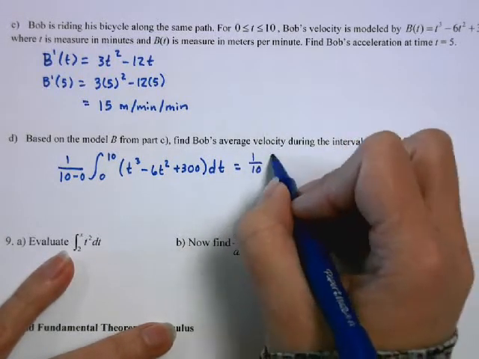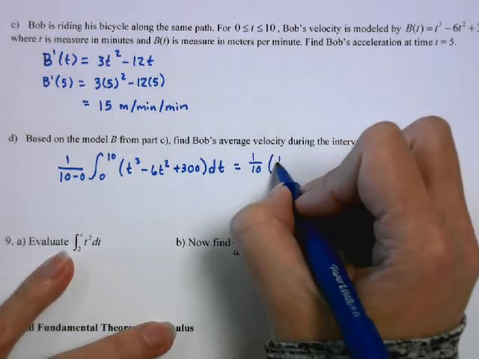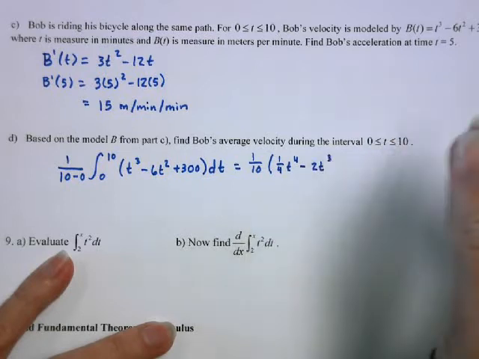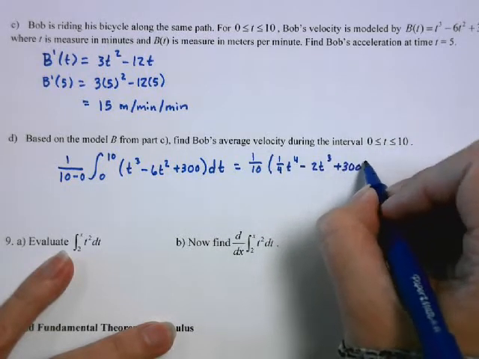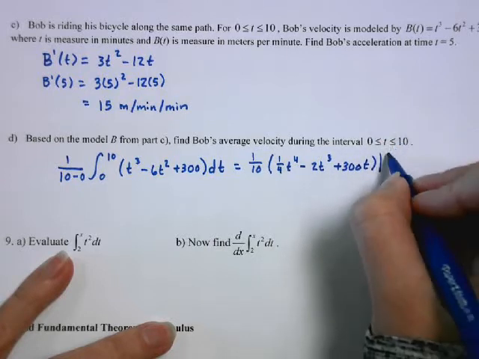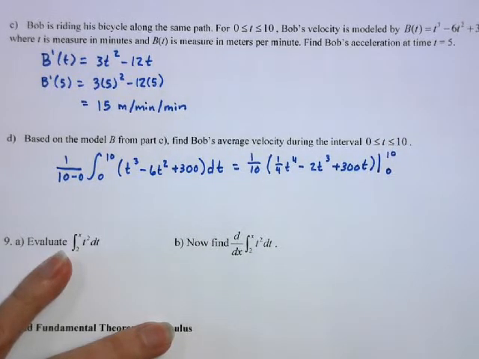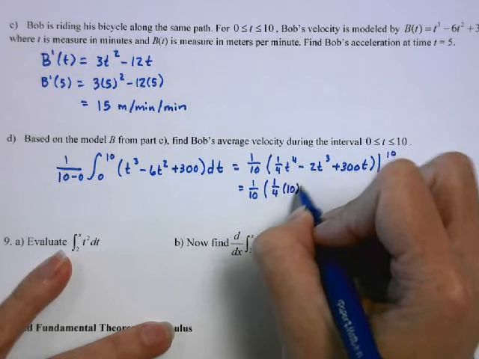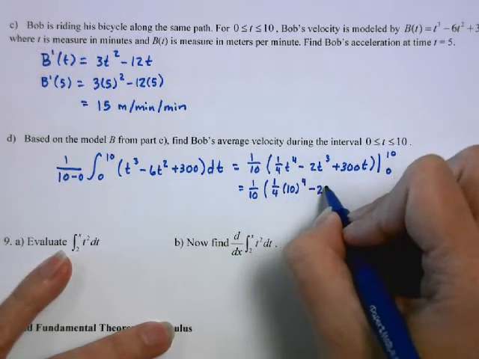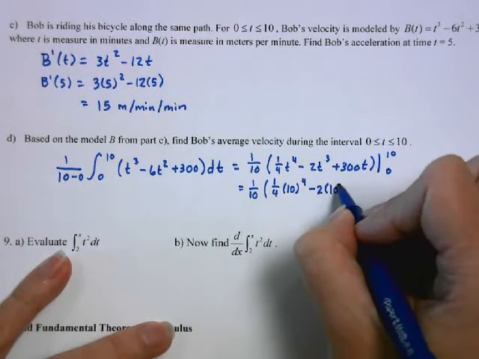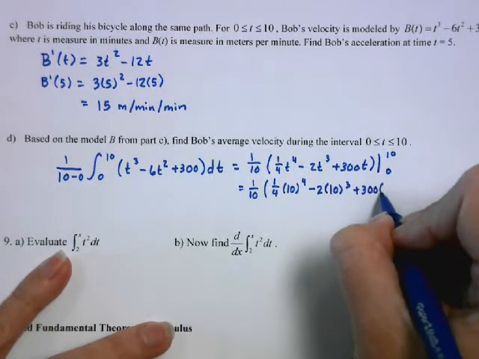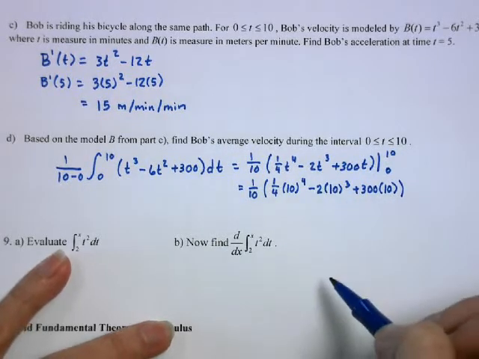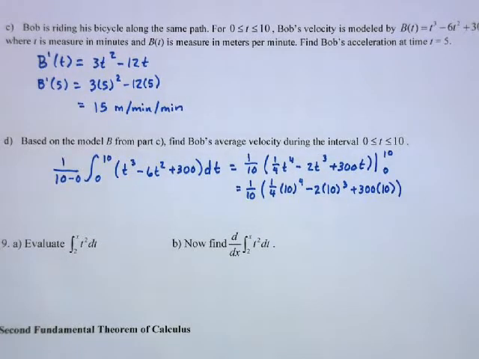So this is going to be 1 over 10 times 1/4 t to the 4 minus 2t cubed plus 300t, evaluated from 0 to 10. So we're going to have 1 over 10 times 1/4 10 to the 4th minus 2 times 10 cubed plus 300 times 10 minus, if I plug in 0, it's all going to be 0. So there's my unsimplified answer.